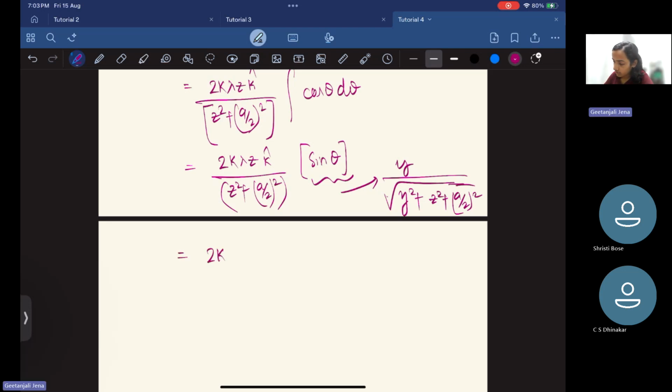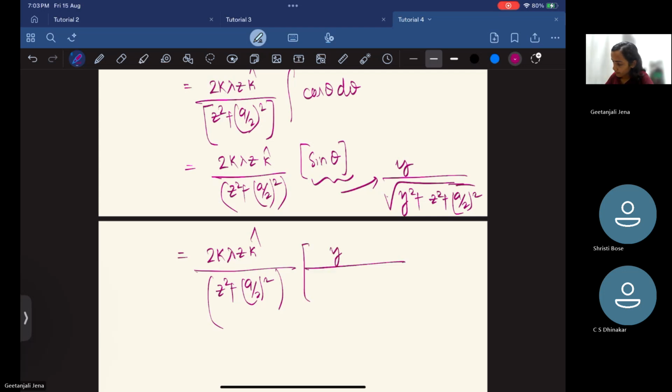So this is 2k lambda z k cap over z square plus a by 2 square, times y over square root of y square plus z square plus a by 2 square. And the y limit is from minus b by 2 to b by 2.